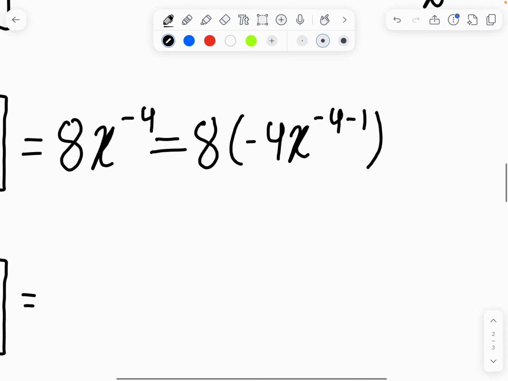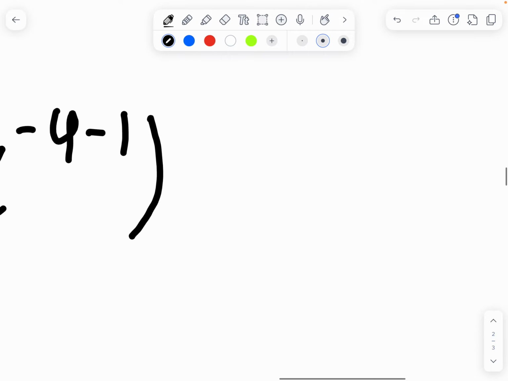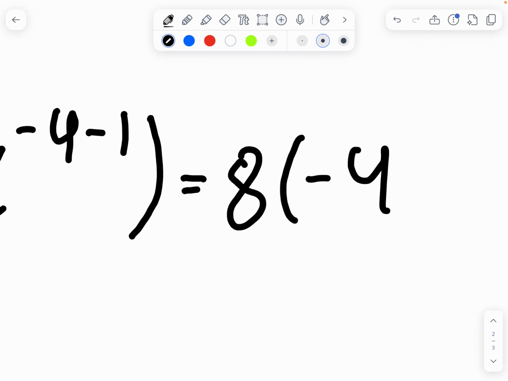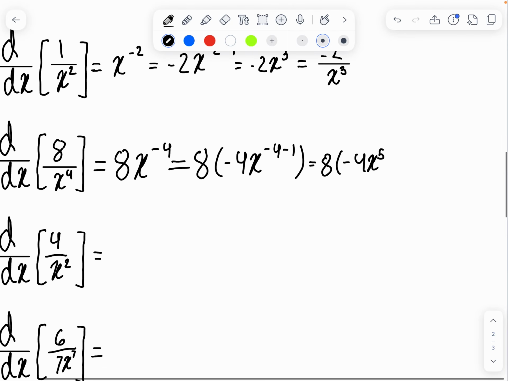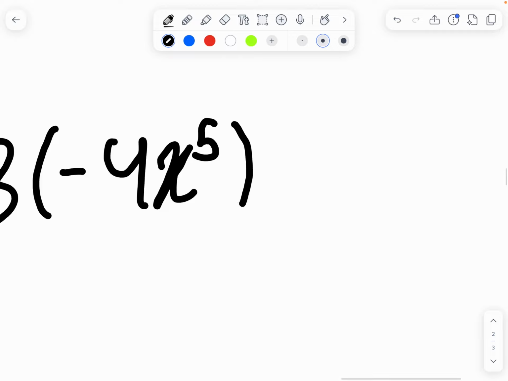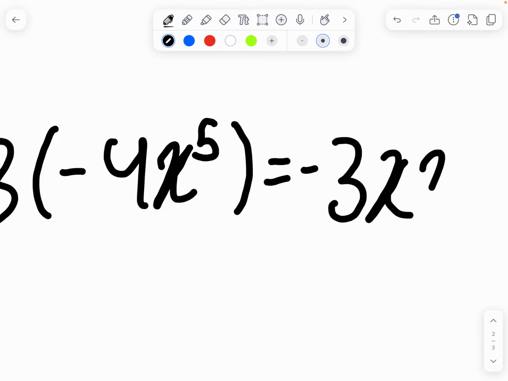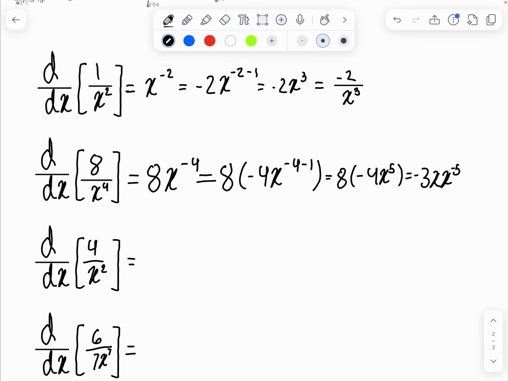So that equals 8 times negative 4x to the power of negative 5. And this equals negative 32x to the power of negative 5. And that is our answer.